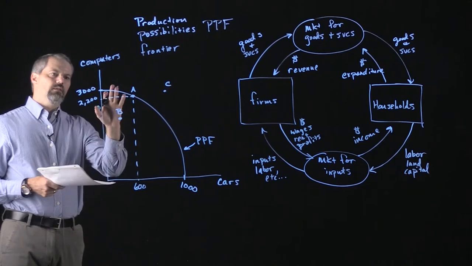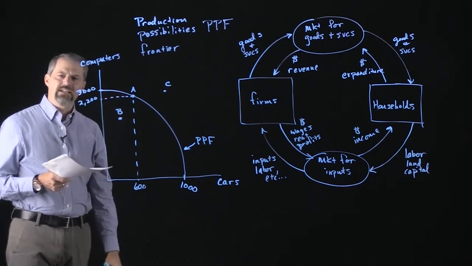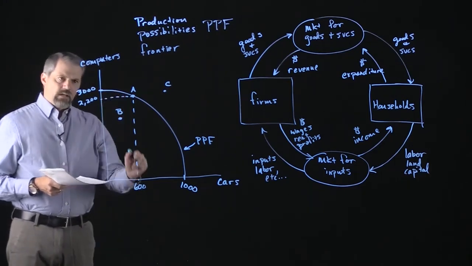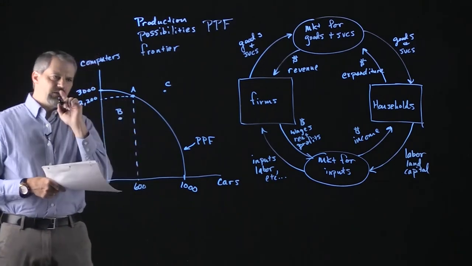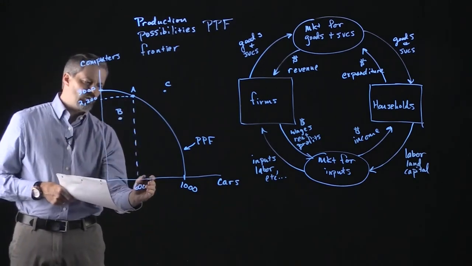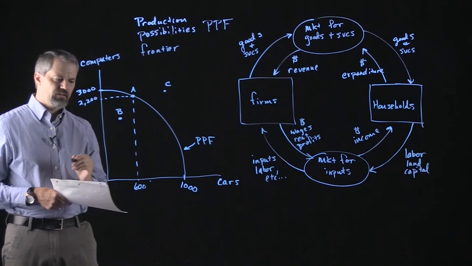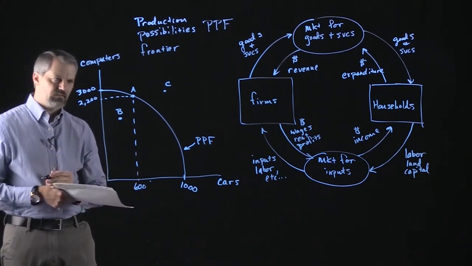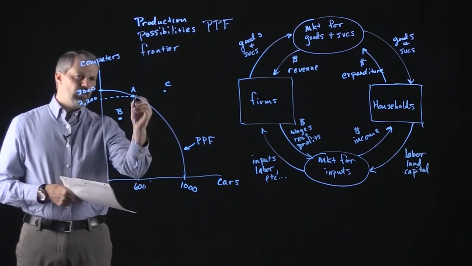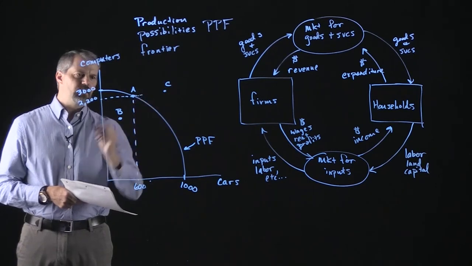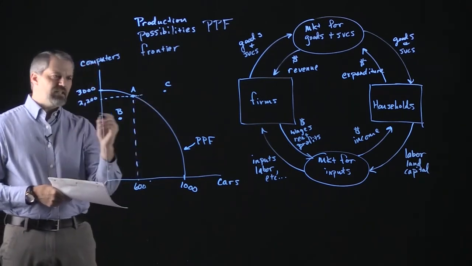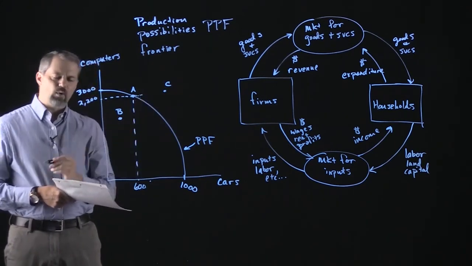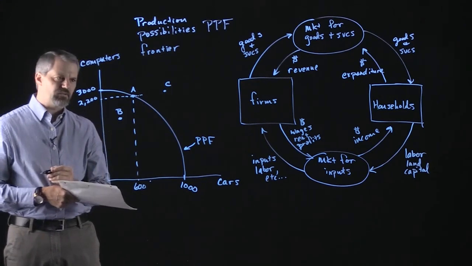So let's think about starting at point A. Let's suppose that we want to produce 100 more cars than we're currently producing at point A. That means that we're going to move in this direction, 100 cars. But notice that that would put us at a point outside of the production possibilities frontier.